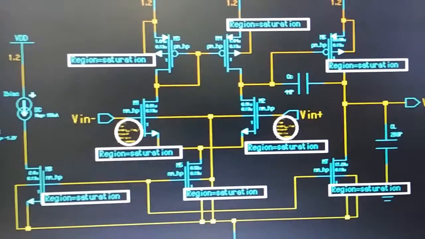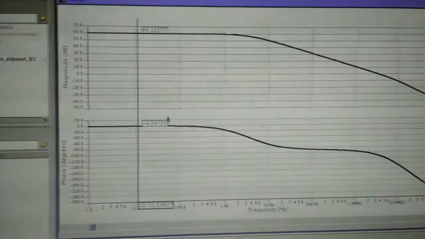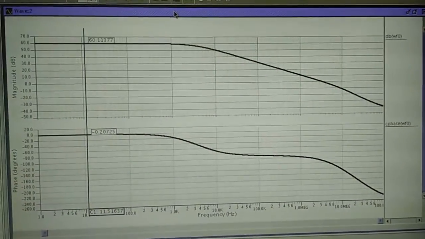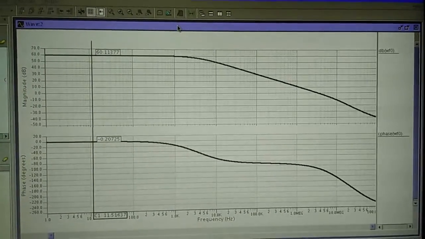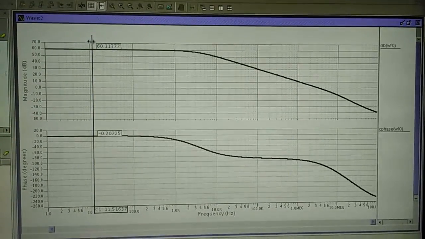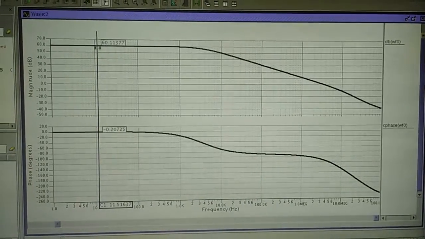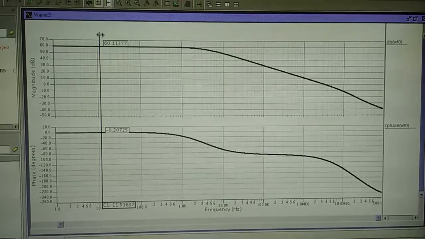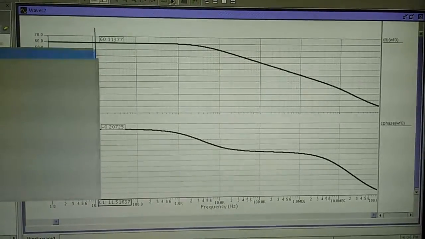And after we run through the AC simulation, it will come out with the graph for the frequency response for the op amp that we designed. From here, it shows that our gain is 60 dB, which is equal to 1000 gain.